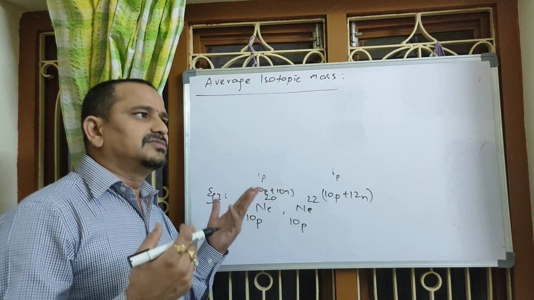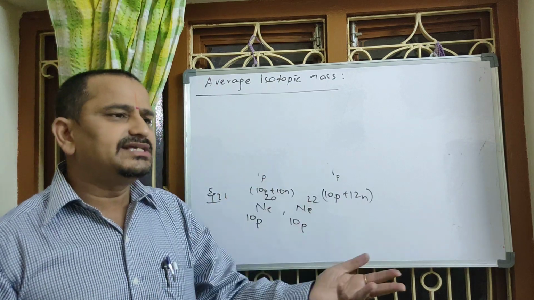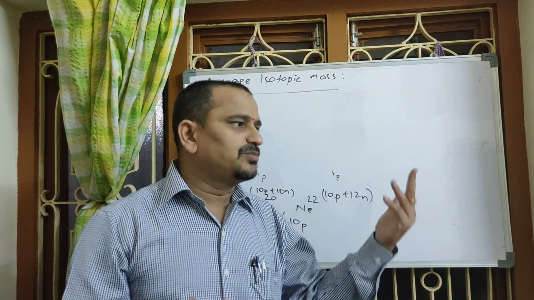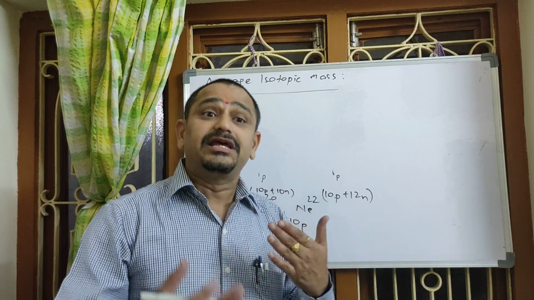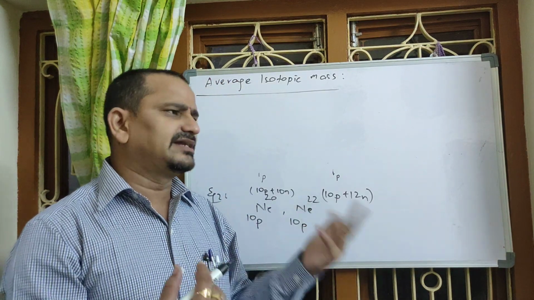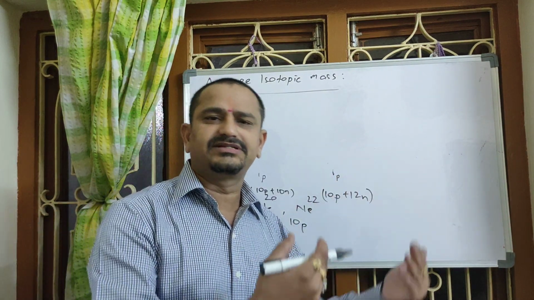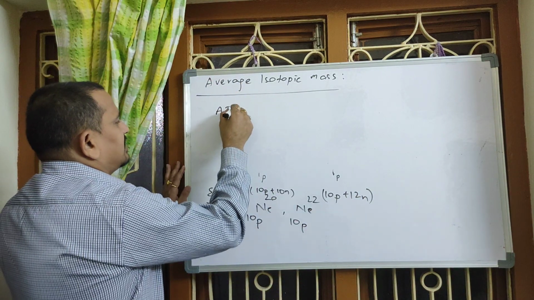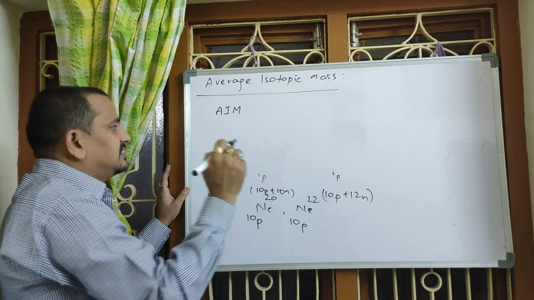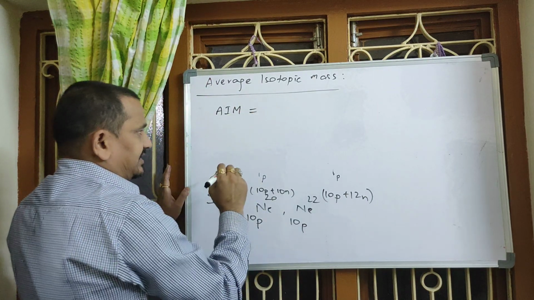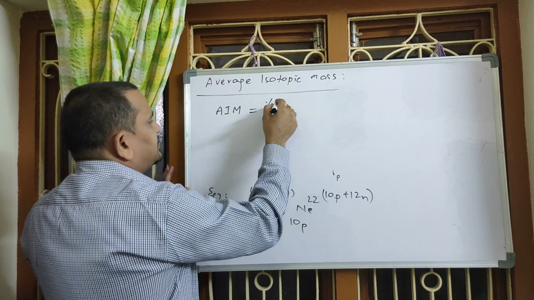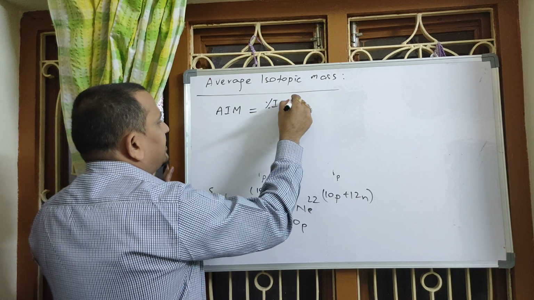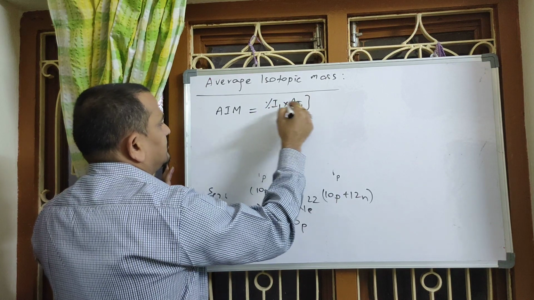Isotope 1 is of some X percentage, isotope 2 is of some Y percentage, isotope 3 is of some Z percentage. Their percentages of abundance could be, suppose, 90%, 10%, 5%, 2%, like that. Then the average isotopic mass of the given element can be calculated as percentage of isotope 1 into atomic mass of isotope 1.